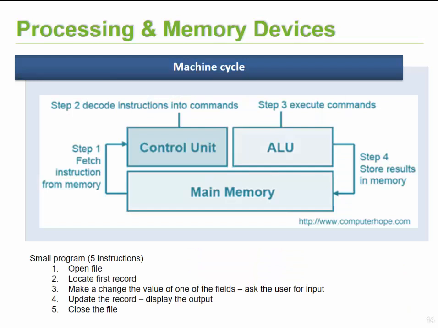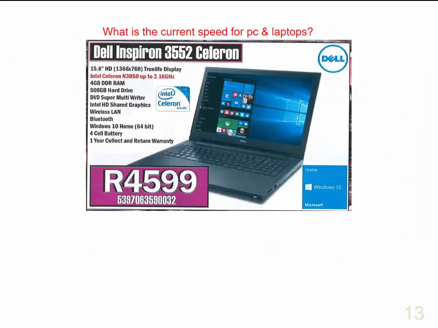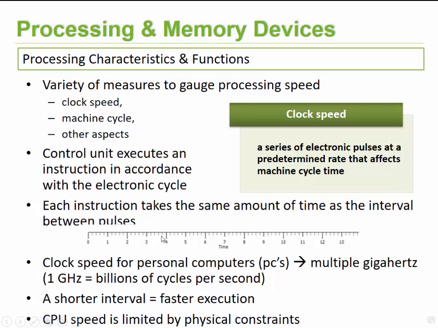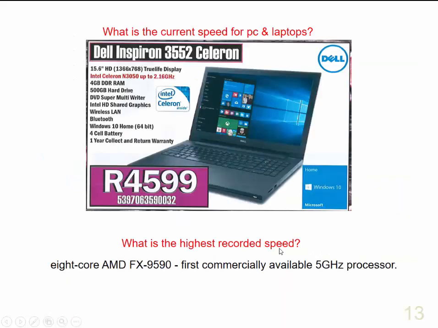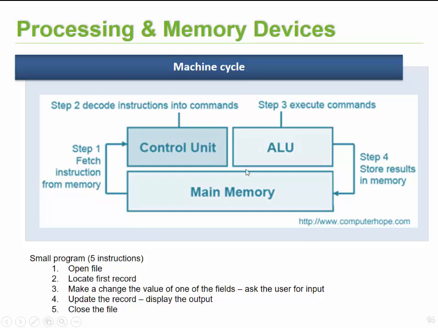Now let's continue and talk about the machine cycle. What do we mean with a machine cycle? A machine cycle actually consists of 4 steps. Every time that you want to execute an instruction, remember we said we have pulses that take place, and each one of these will execute an instruction. So when we look at the instruction, it's going to follow the next approach.